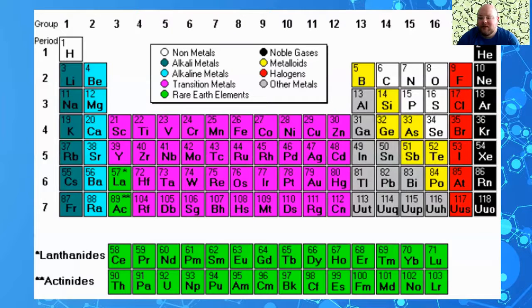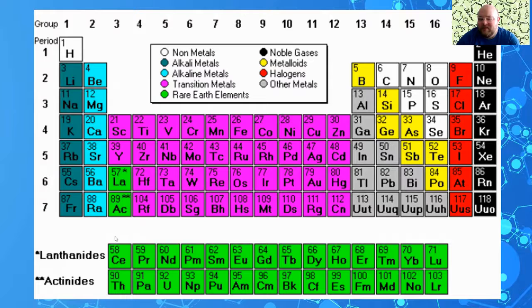Now, again, this periodic table shows us the different types of families or groups based on what kind of element they are. In white, we have labeled the non-metals, so hydrogen over here, then the rest of them are over here. We have the alkali metals. We have the alkaline earth metals, or just alkaline metals. We have transition metals.